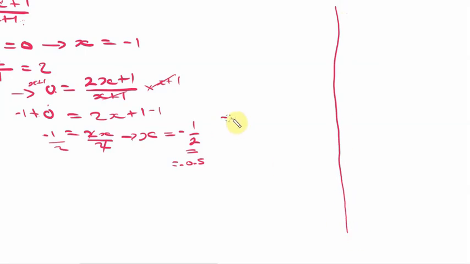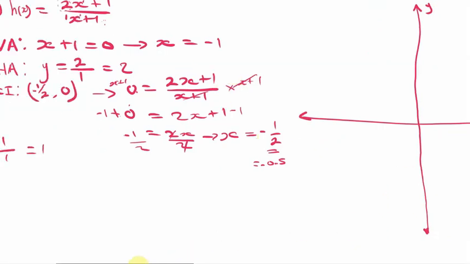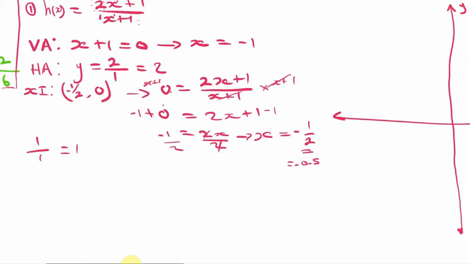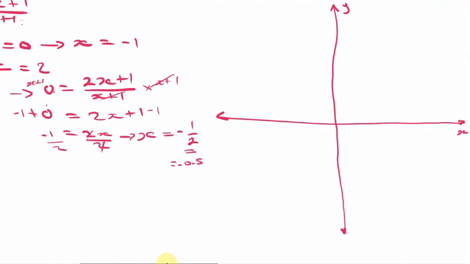Let's look at the Cartesian coordinate. This is x and this is y. Vertical asymptote at minus 1.